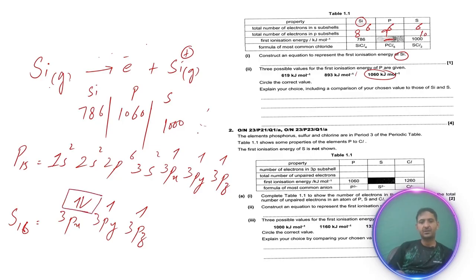So number one, explain, including a comparison of your chosen value to those of silicon and sulfur. Why did I choose this 1060?